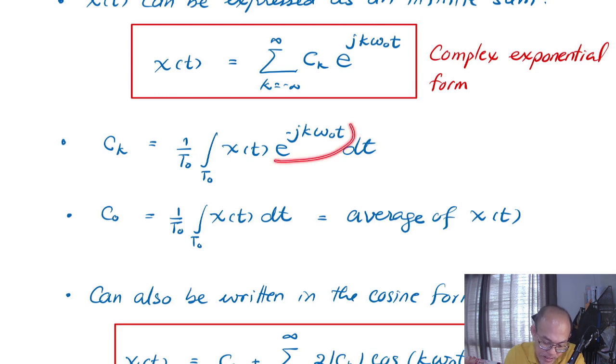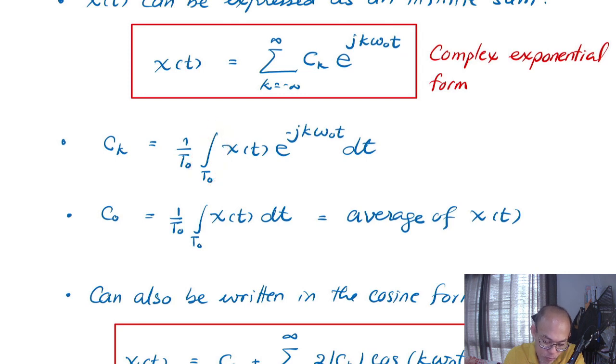We multiply this complex exponential with the signal x, and once we get the product, we integrate it. This integration is over one period, which means the integral is over one period of x. You could start the integration anywhere, but you have to end it one period later.